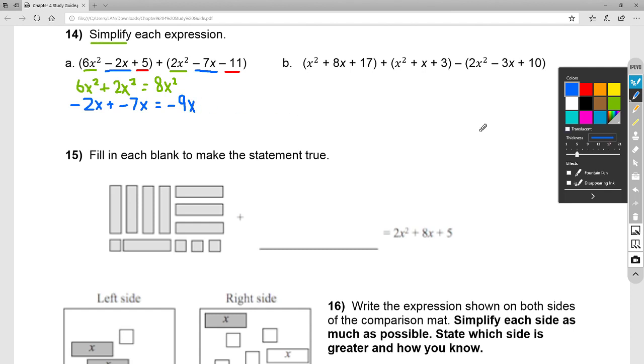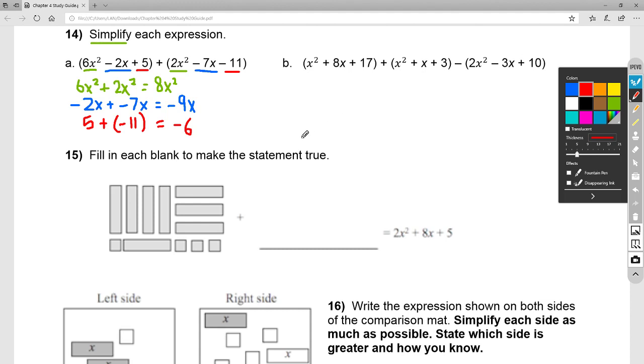And then same with our 1's, we're taking 5 positives and combining it, so adding negative 11 negatives. If you need to, you can always draw a picture.